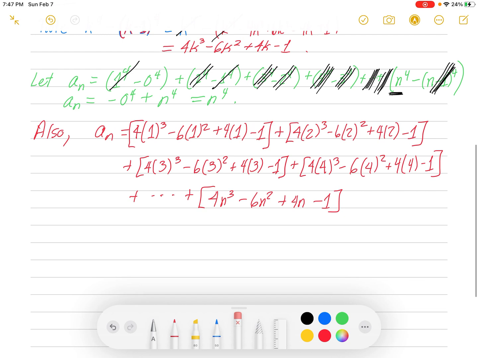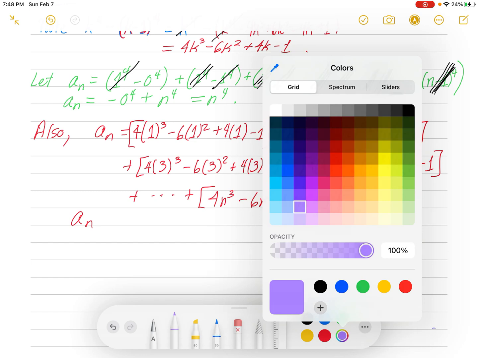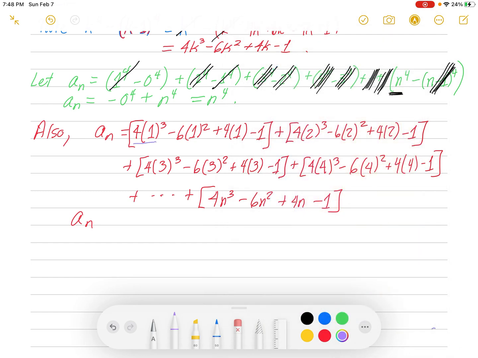Now let's see what we can do here with this a sub n. I used purple here. These first terms with the 4 times something cubed, notice we have 4 times 1 cubed, 4 times 2 cubed, 4 times 3 cubed, 4 times 4 cubed, and so on and so forth, 4 times n cubed.